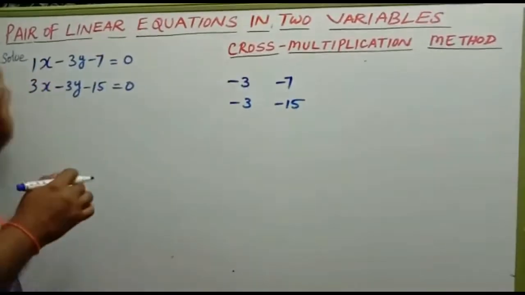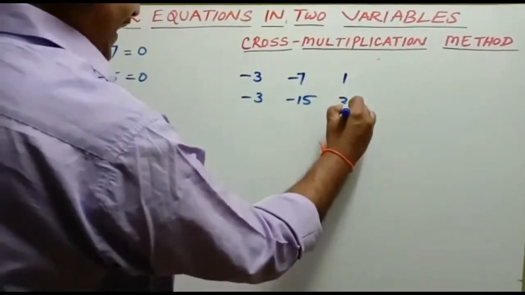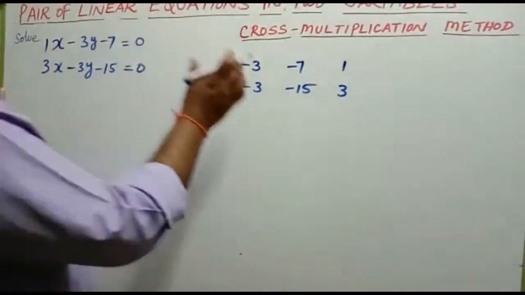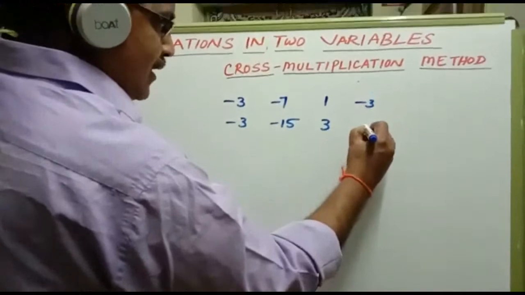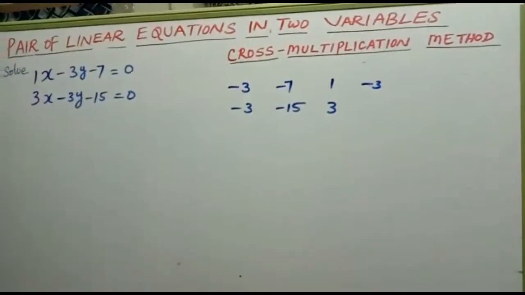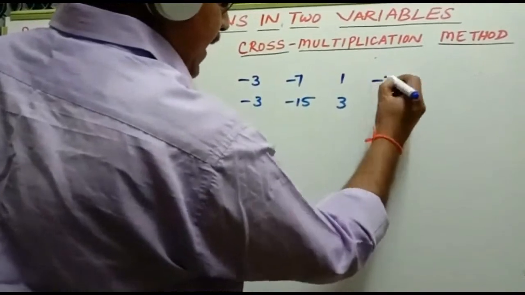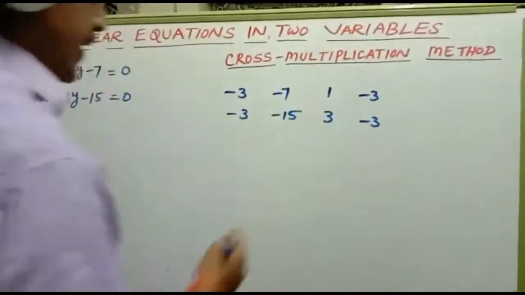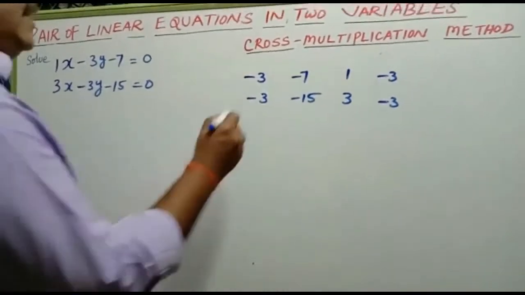Now the x coefficients. What are the x coefficients? 1, 3. What is there in the first column, the same thing you can write in the last column. Minus 3, minus 3. Now, once again, this step is very, very important.